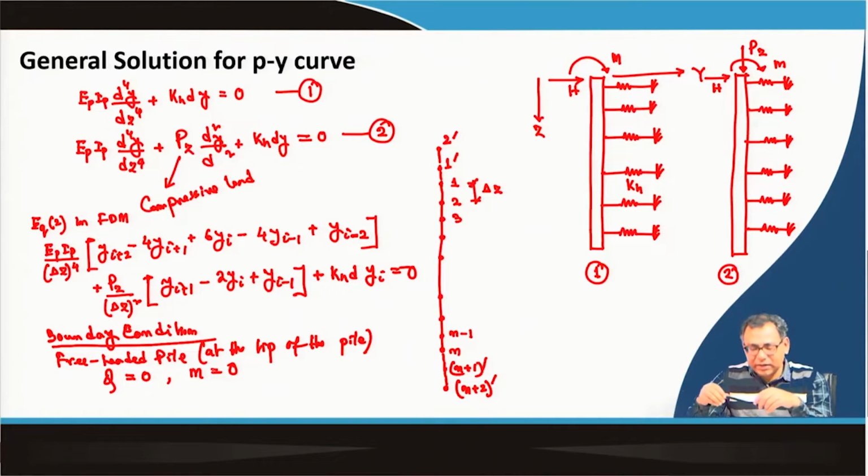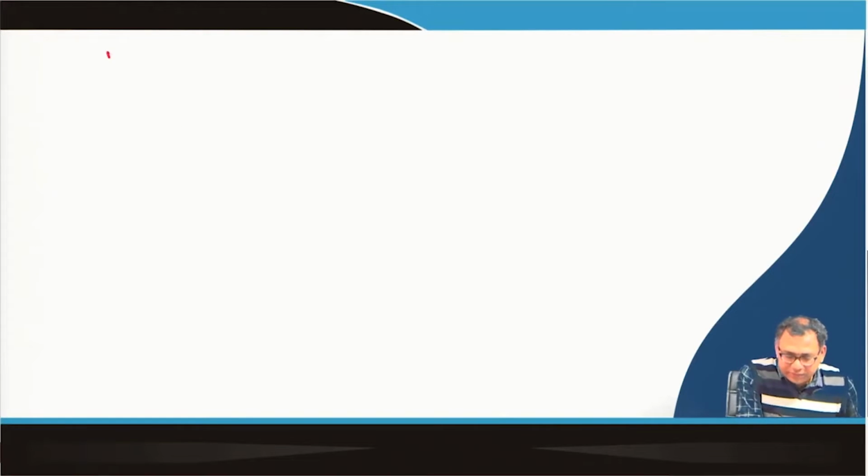So the slope will be 0 and moment will be 0, that is the condition for a free end. For the fixed headed pile, the top end will be treated as fixed and the bottom end as a free end. So shear force Q is equal to 0 and bending moment M is equal to 0.